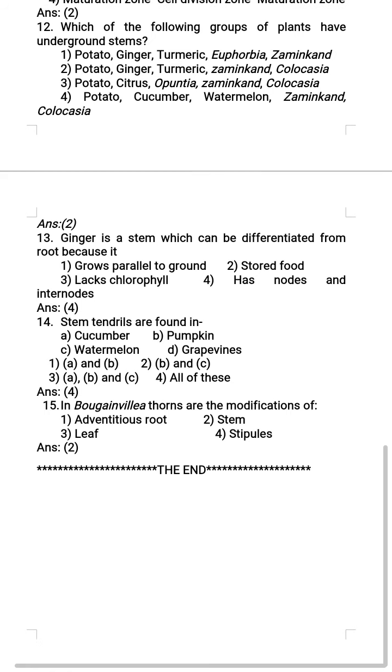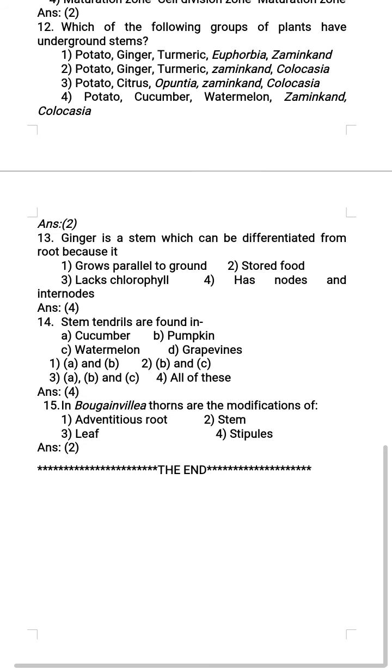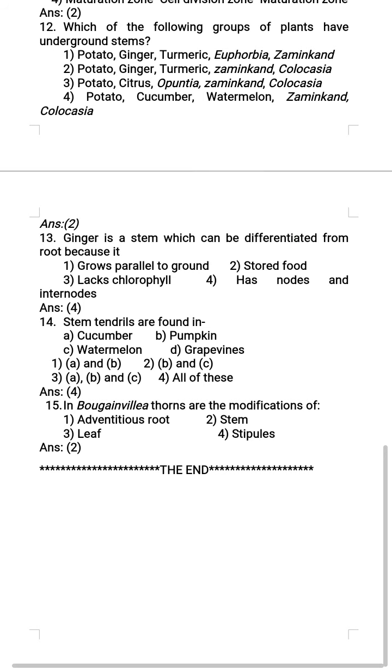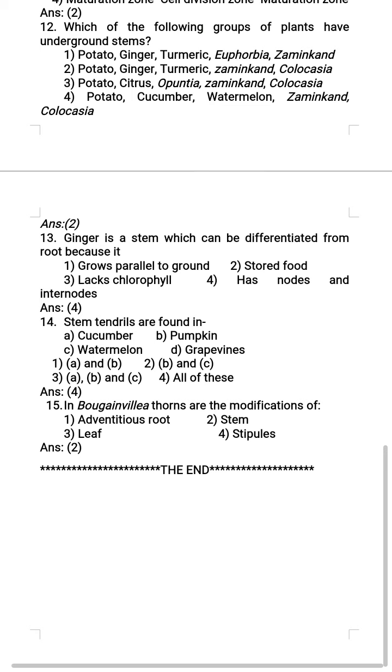Alright. Now last but not least, 15th question, but a very very important question. In bougainvillea, thorns are the modifications of 1, adventitious root, 2, stem, 3, leaf, 4th one, stipules. The correct and best option is stem.